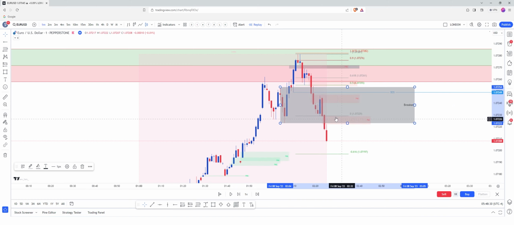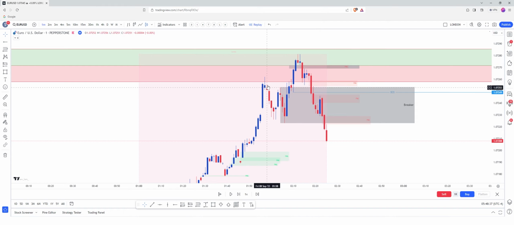So because we've got a breaker block with a fair value gap, it kind of negates the need for the optimal trade entry or the premium and discount, because you wouldn't expect price to come back through this area now. So even if we're not going back into a premium of this range looking for a short, you would still expect a rejection at this point. Again, coming to 230. So I would be looking for a short trade off this breaker block and fair value gap.